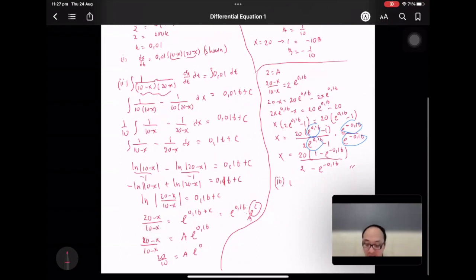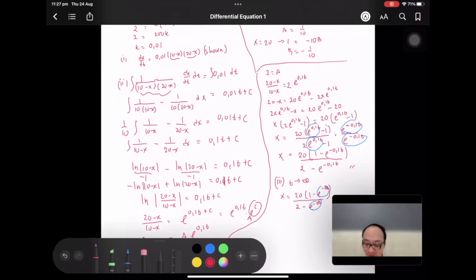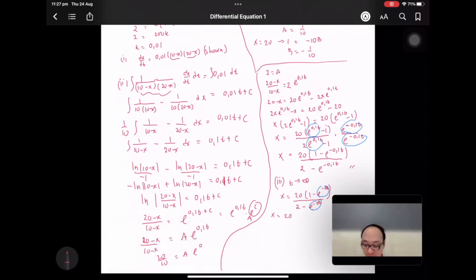So when t goes to infinity, x will be equal to 20 times (1 minus e to the power of negative infinity) over (2 minus e to the power of negative infinity). E to the power of negative infinity is approximately 0. So I will have x equals 20 times (1 minus 0) over (2 minus 0), which equals 10. So x will approach 10.